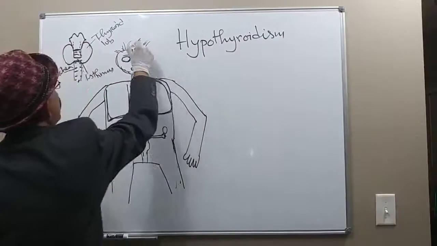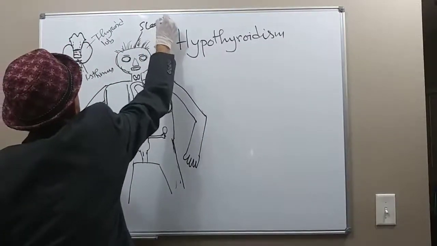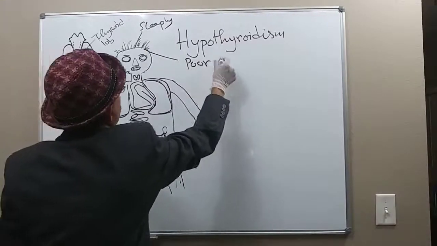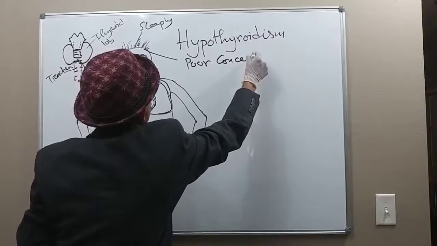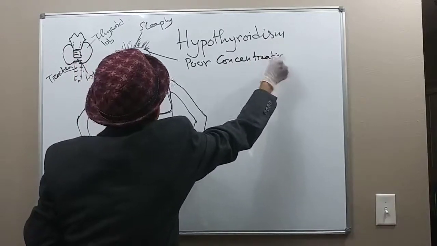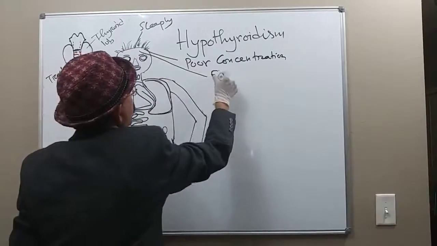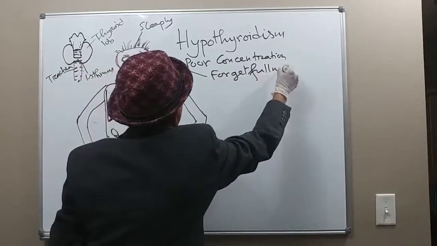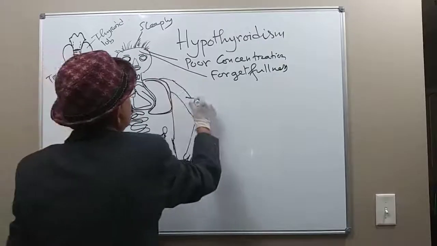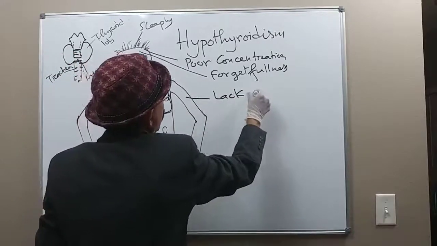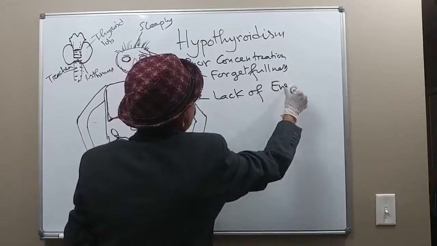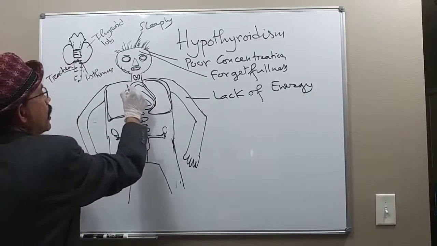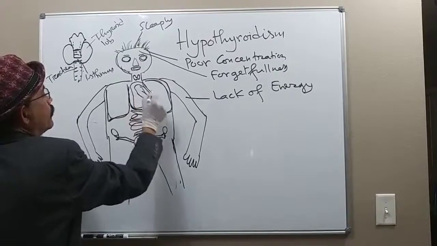So always sleepy all the time, poor concentration, forgetfulness, lack of energy, lethargy always, and there may be pericardial effusion.